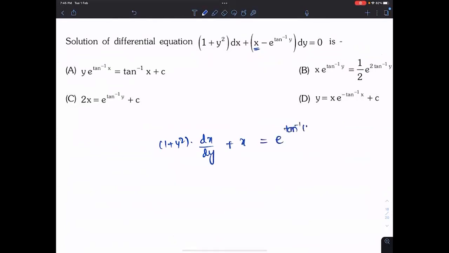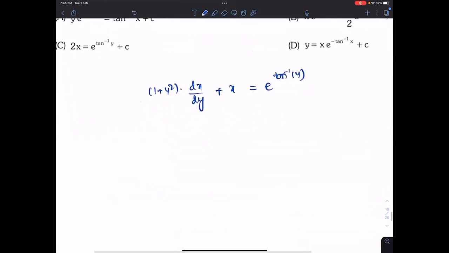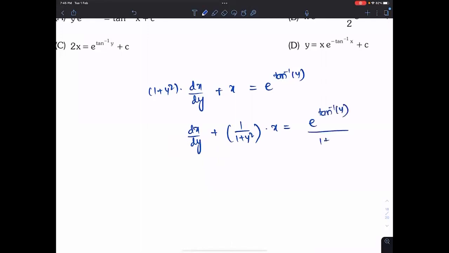Okay, now you divide by 1 plus y square, you'll get dx by dy plus 1 by 1 plus y square into x is equal to e power tan inverse y by 1 plus y square. Correct? Now again, LDE done. You know what the integrating factor is. You know how to do it after this.